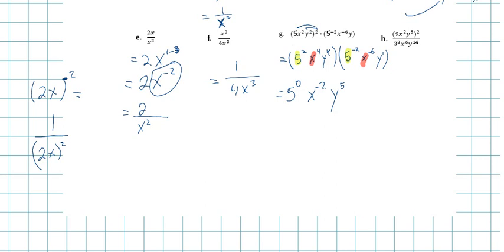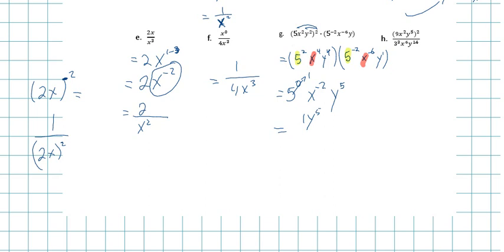It doesn't look pretty good to me. 5 to the power of 0 is 1, right? So I can just set this to 1. I have a negative exponent here. What do I have to do with it? Flip it. Remember, nothing's gonna happen to the other one. So it's gonna be 1 over y to the 5. Instead of this being in the numerator, it's gonna come to the denominator and it's gonna become positive.